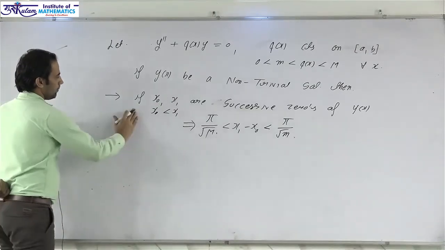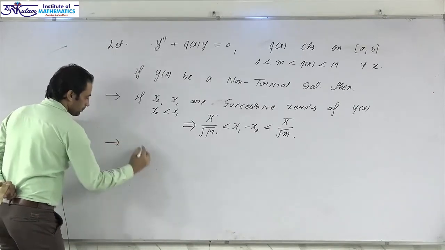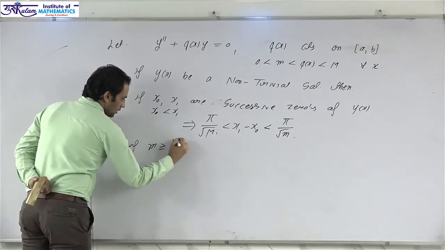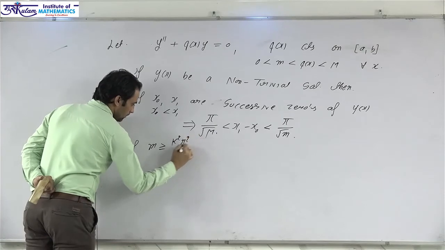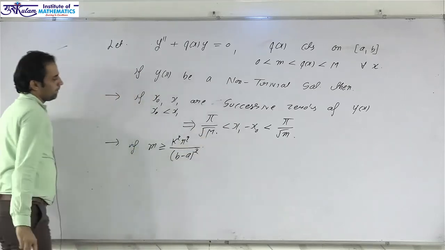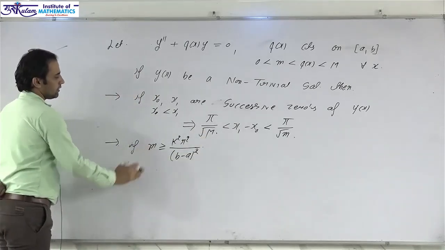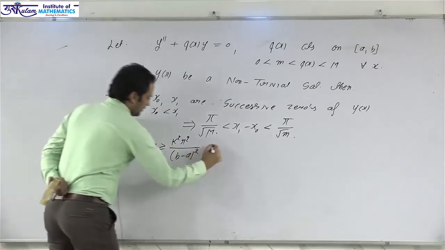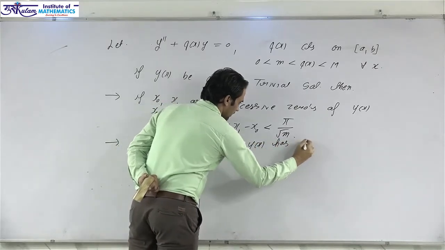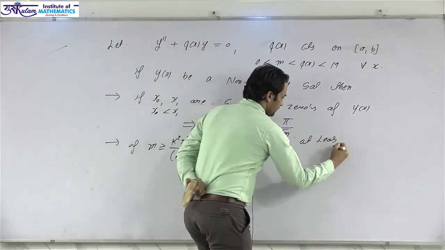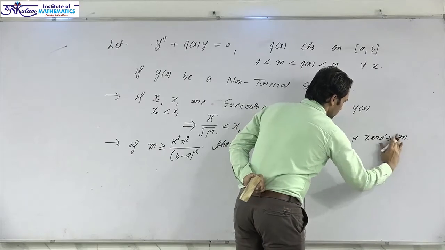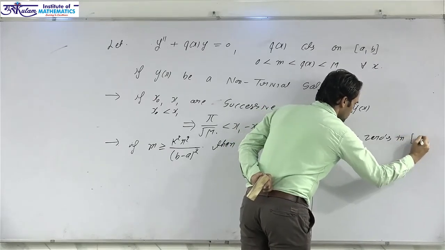And the second property: if m is greater than or equal to k squared pi squared by (b minus a) whole squared, then y(x) has at least k zeros in the closed interval [a, b].